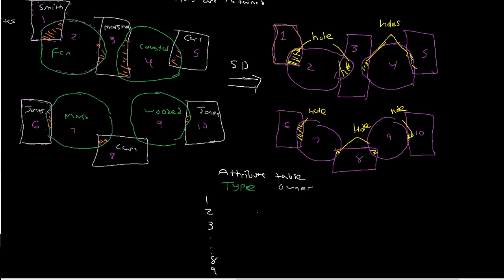If we look at 1, which does not include the hole, 1 is going to give us an owner of Smith, because this polygon corresponds to the original construction site owned by Smith minus the overlap with Fenn. So it's going to have an owner name of Smith.